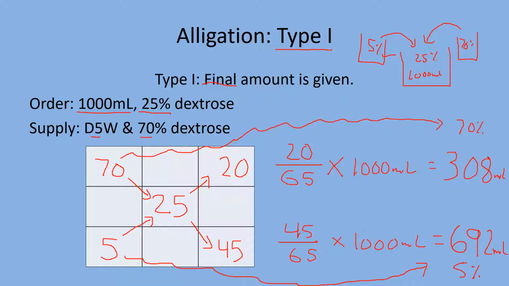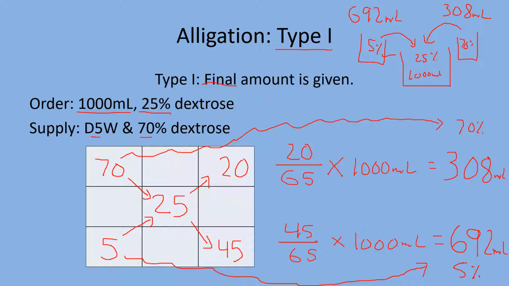So here in the picture, we're going to add in 692 mLs of the 5%, and we're going to add in 308 mLs of the 70%. When we add those two volumes together, we have 1,000 mLs, and it should come out to 25% overall.